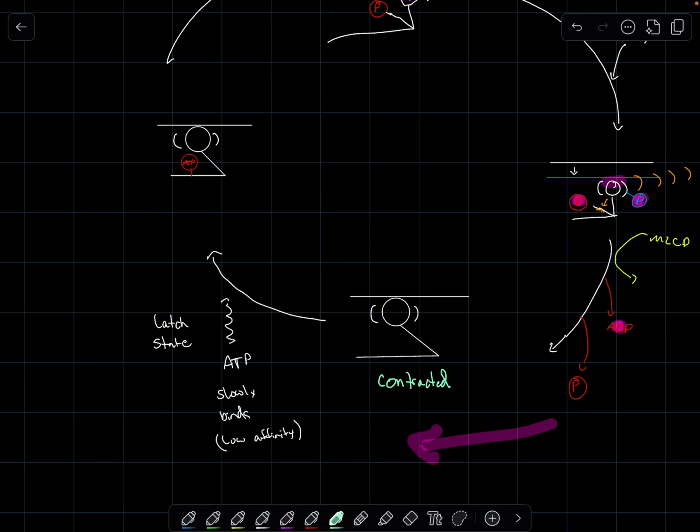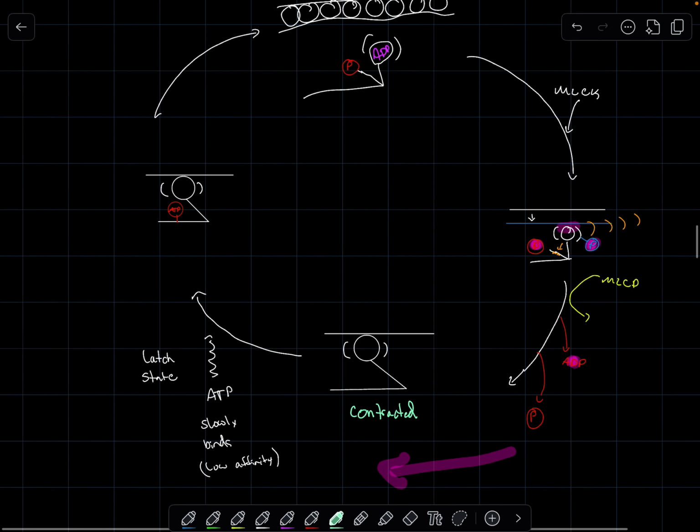And the interesting part about this is what allows us to keep our sphincters contracted. ATP, however, will slowly bind because it has a very low affinity. So it will slowly bind, bouncing on and off, add, come off, add, come off. And once it fully binds, then the myosin head can hydrolyze it and break it down into ADP and phosphate.